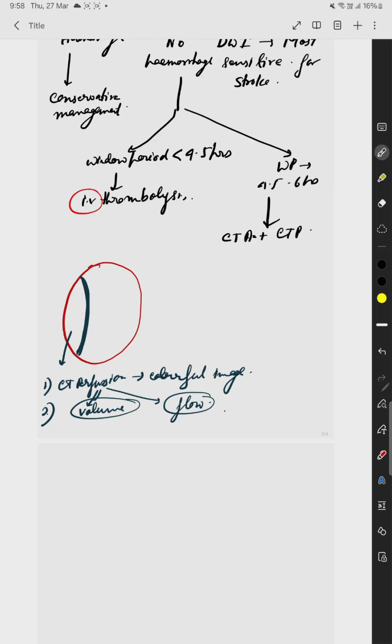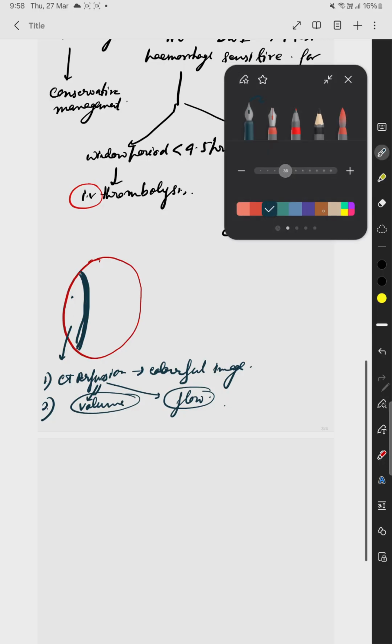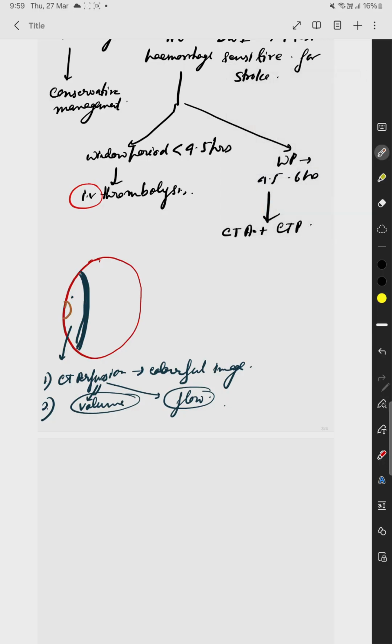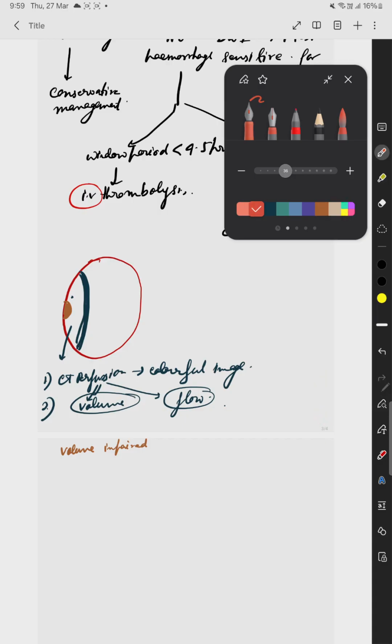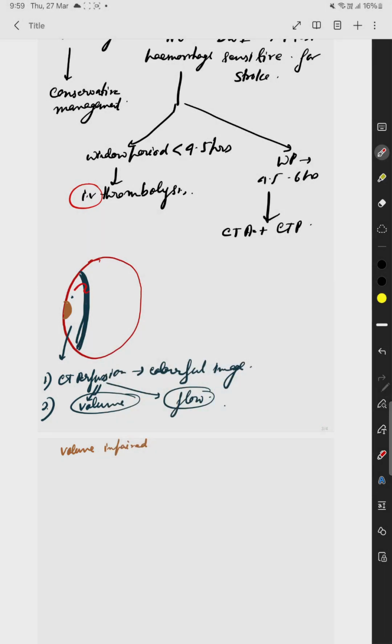So sometimes what happens is that this is the ischemic area. Suppose this is the area, the ischemic area. Let's say in this part the volume is gone. The volume is impaired, like no blood is there, but the flow is still intact.